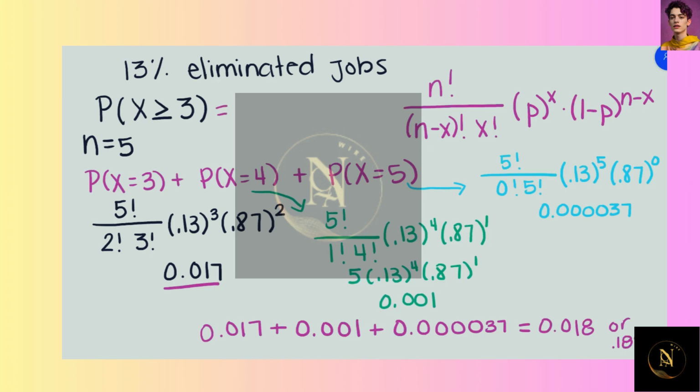So the probability that out of 5 companies, at least 3 of them have eliminated jobs would be 0.018.